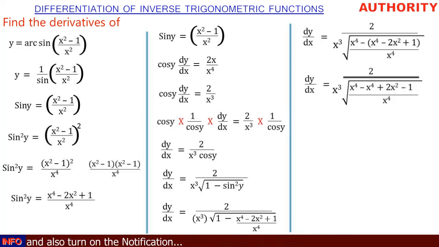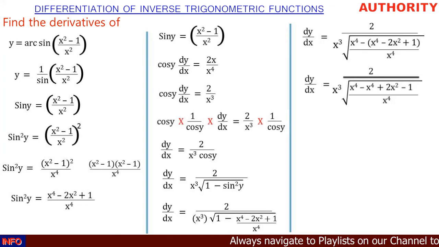So we are having dy all over dx is equal to 2 all over x raised to power 3 square root of x raised to power 4 minus x raised to power 4 plus 2x raised to power 2 minus 1 all over x raised to power 4. So in the numerator, inside the square root, x raised to power 4 minus x raised to power 4 is equal to 0.